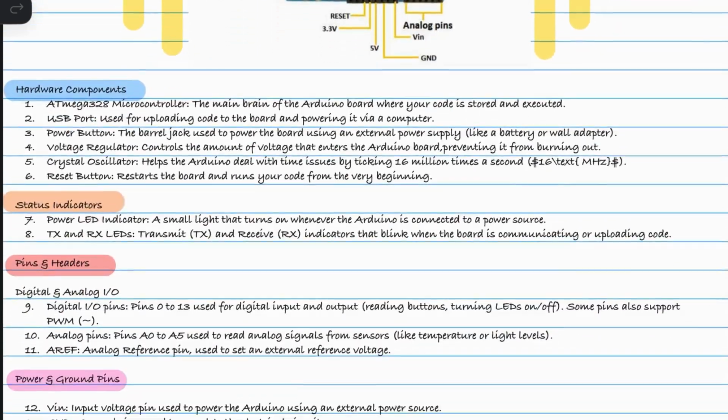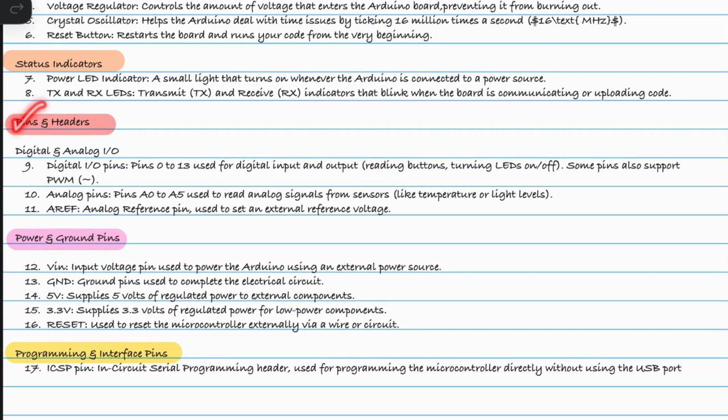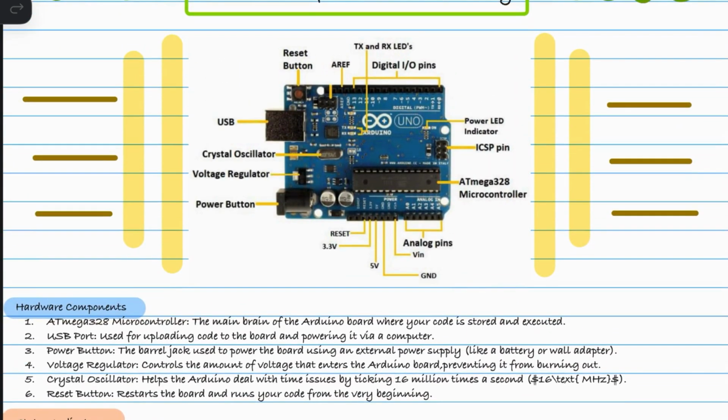And then we have pins and headers. These pins are touch points where your code interacts with external hardware. They are strictly divided into functional zones. First we have the digital input output pins, from pin 0 to 13.